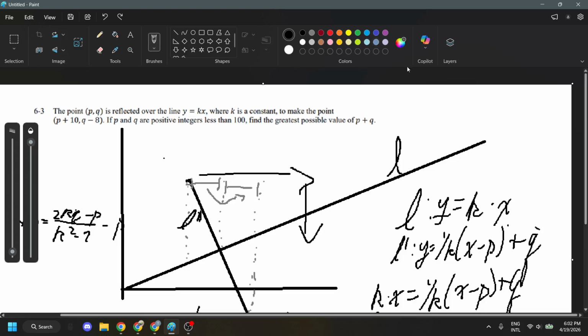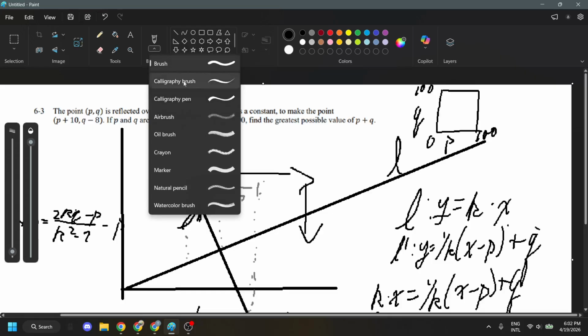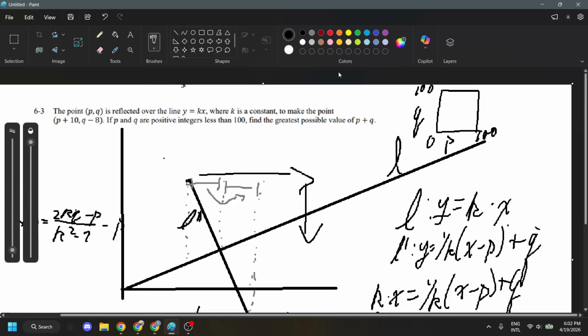We know that the original point has to be in this box here from 0 to 100 on P and 0 to 100 on Q. And then this is like a gradient here, like this, but it gets increasingly darker.